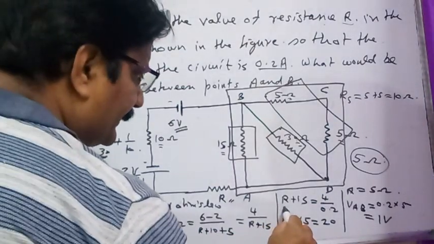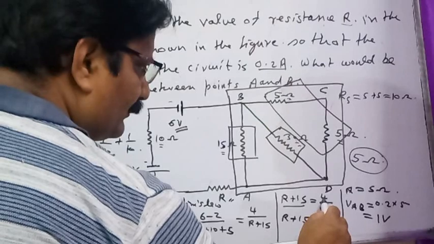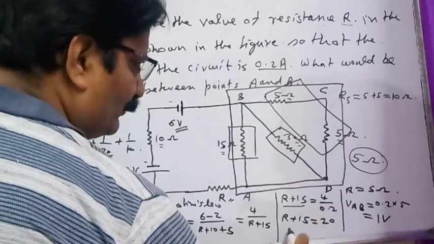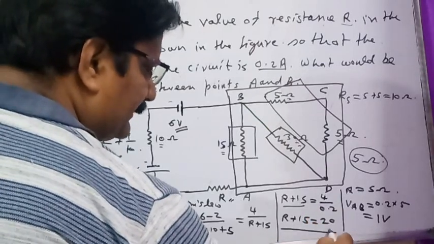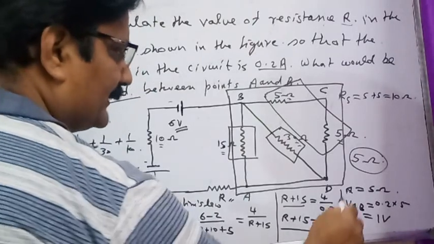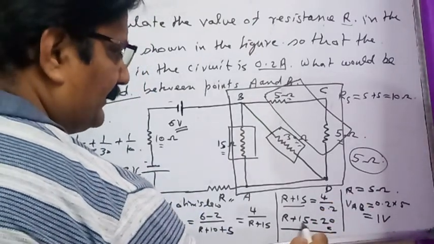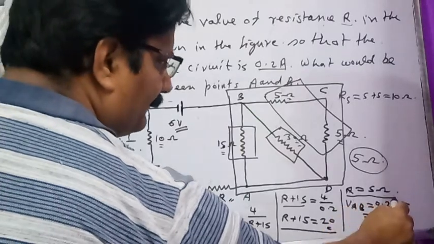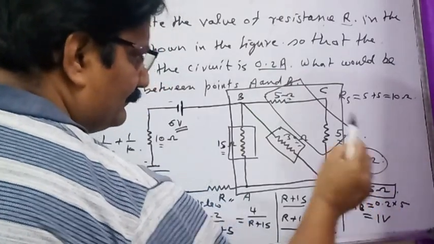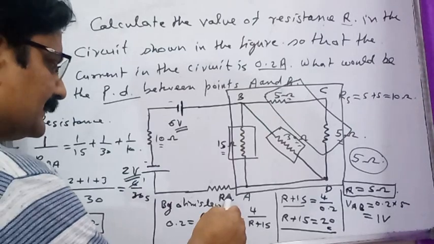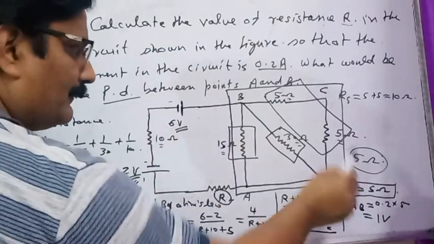So R plus 15 ohm is equal to 4 divided by 0.2. So the value of R plus 15 is equal to 20. Then what is the value of R? R is going to be 20 minus 15, that is 5 ohm. So the value of the resistance R is 5 ohm.